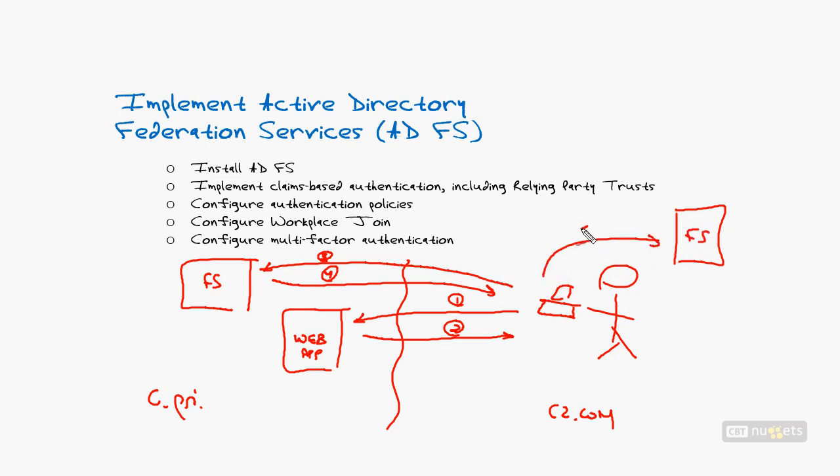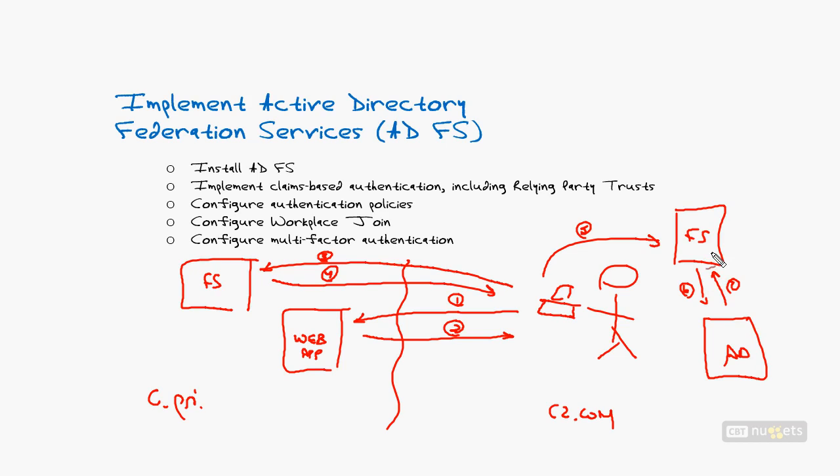And your federation server over in the local environment says, oh, you know what? You need to be able to access some application. Well, let me then talk to Active Directory here to see if you have the appropriate attributes, the appropriate rights and privileges to access that application. Active Directory can say, you know what, actually that person does have access, and here's the information that you'll need to provide to the application in order to be able to say, you know what, you do have the appropriate access.